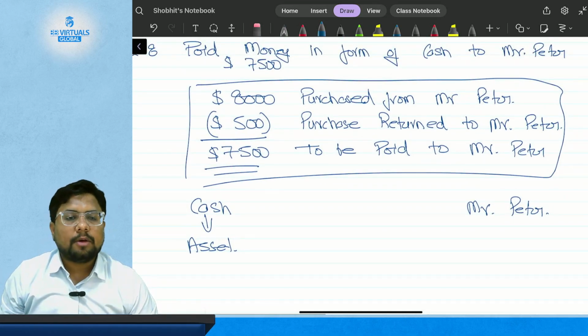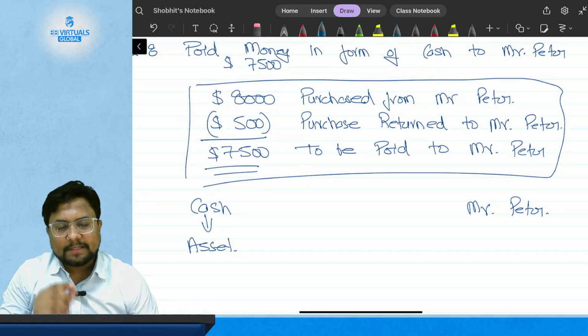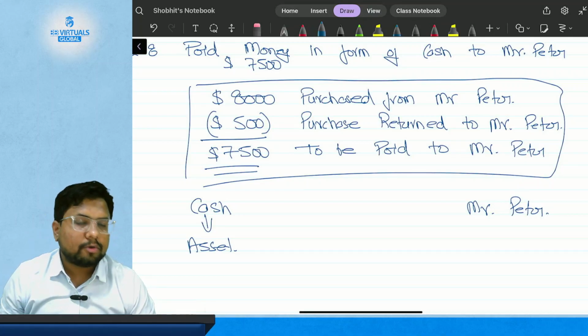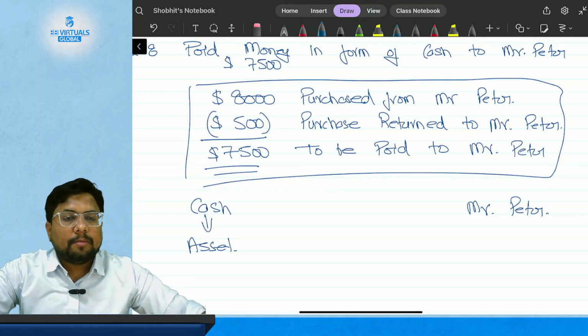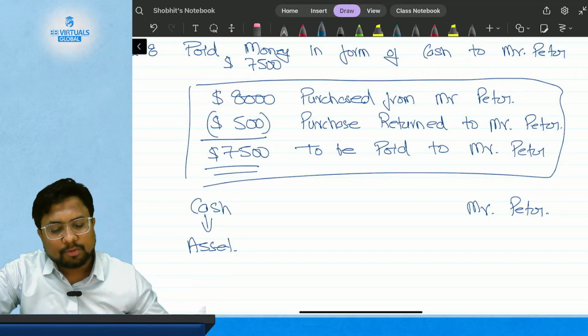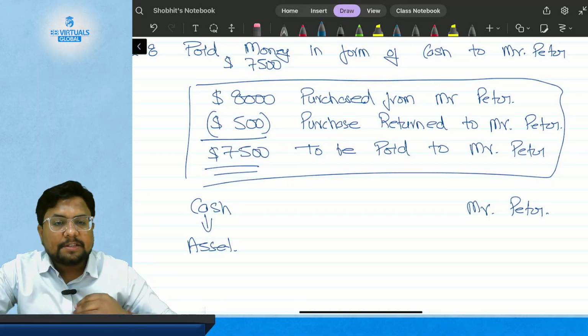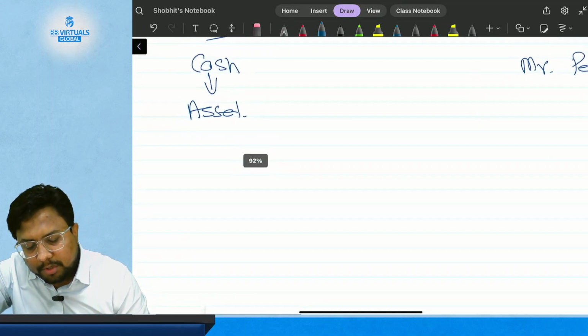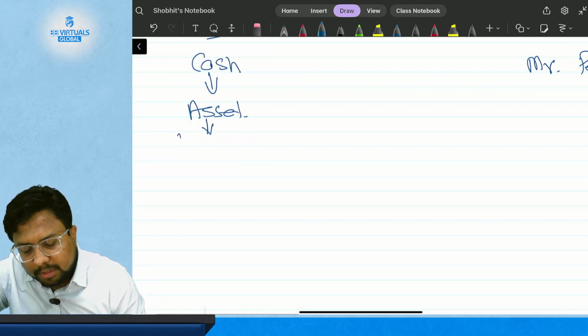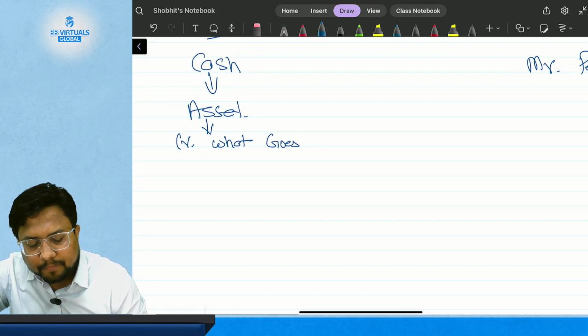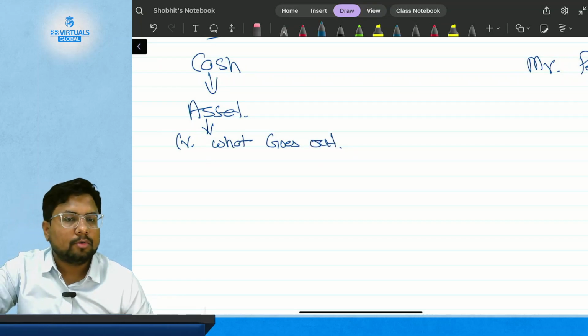Cash is an asset and deals with the real account. And the rule says debit what comes in, credit what goes out. In this case, cash is going out, so I will credit what goes out.